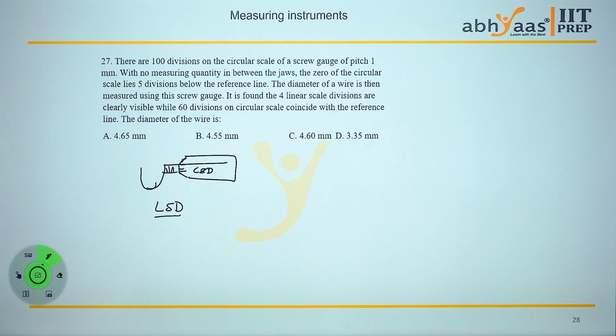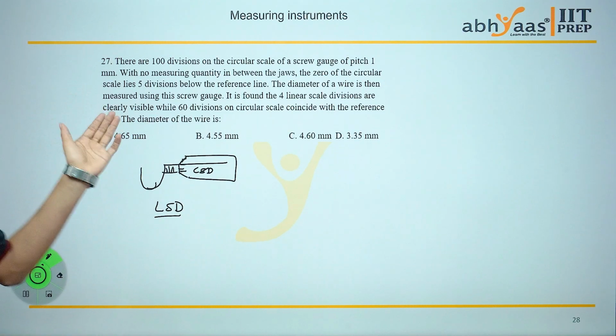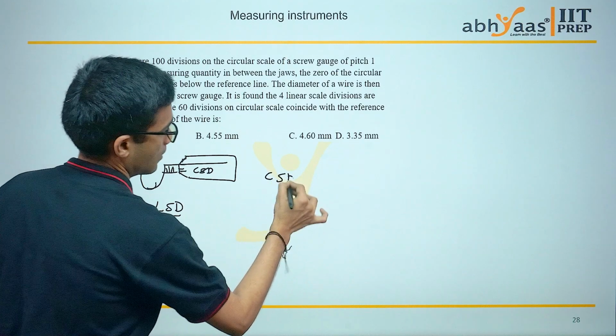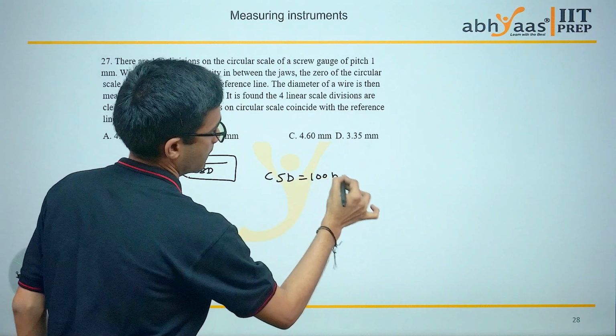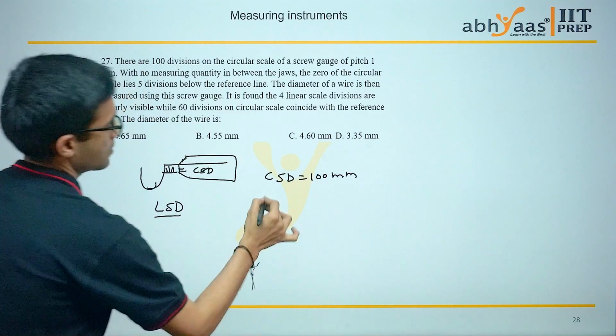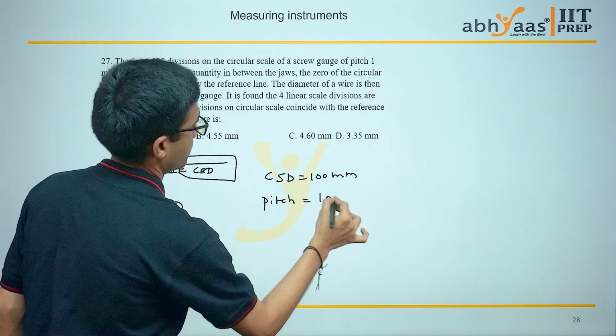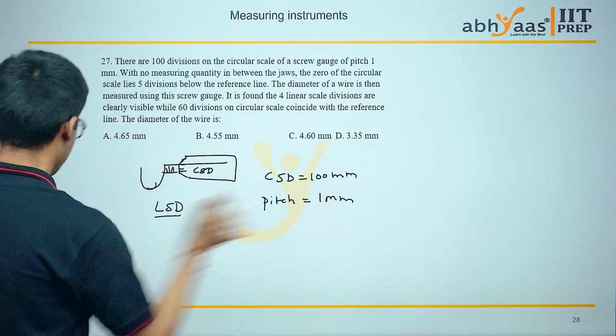First of all, what is the question? The number of divisions on the circular scale is given as 100. Now the pitch is given, that is 1 mm. So 100 divisions.